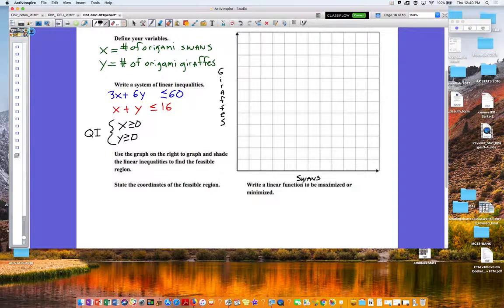So I'm in the positive y values and positive x values. Now I'm going to do what I did before. For each of these equations, I'm going to let x equal 0 and solve for y, and then let y equal 0 and solve for x.